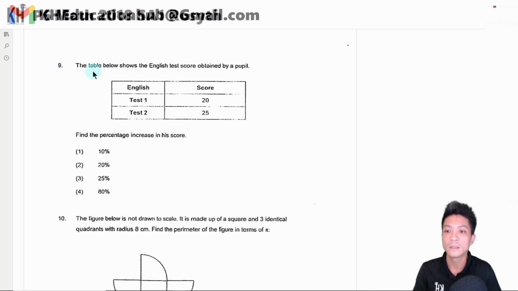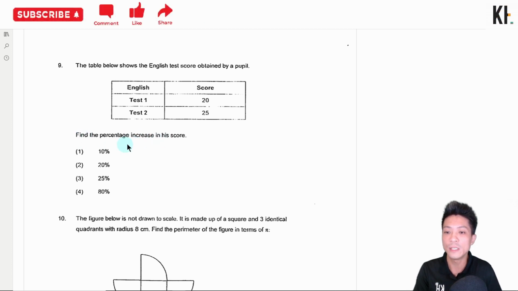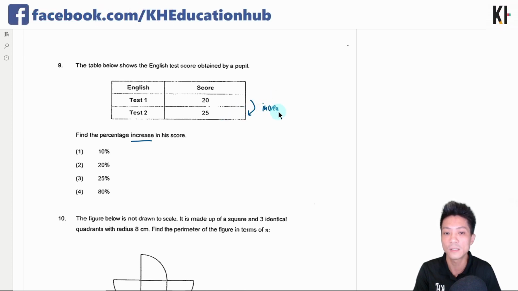Question 9. The table below shows the English test score obtained by a pupil. So test 1, 20, and test 2, 25. We find the percentage increase in his score. To find the percentage increase, we need to find what is the increase first. The increase is 5 marks, right?